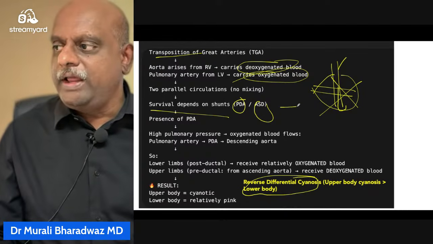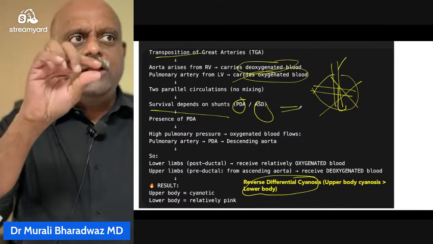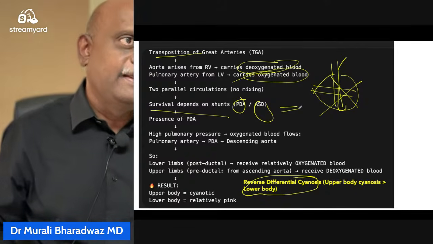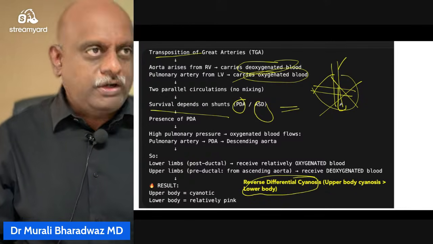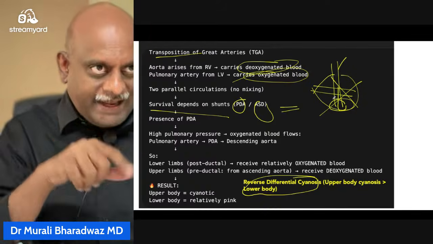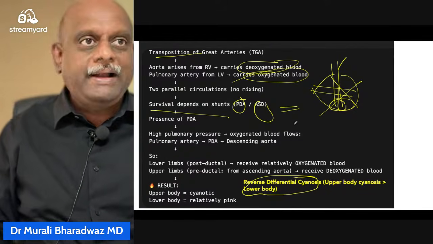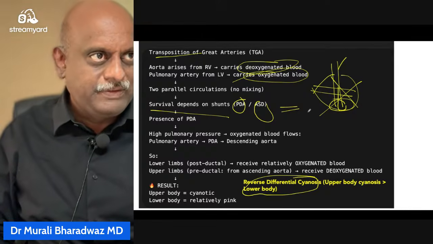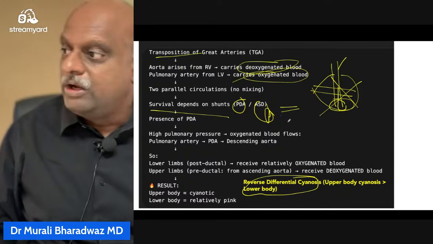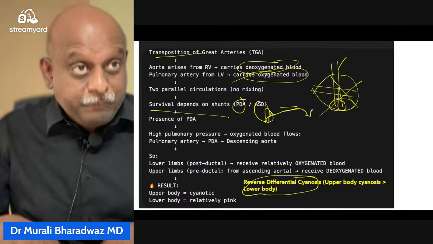Now suppose PDA is there, what will happen? PDA is located after the origin of the subclavian artery. So the subclavian artery receives the aortic blood coming from the right ventricle, which is carrying deoxygenated blood. So the upper limbs become blue, cyanotic. But the PDA helps the pulmonary artery blood, which is oxygenated, to come and mix with the aorta and purify it.